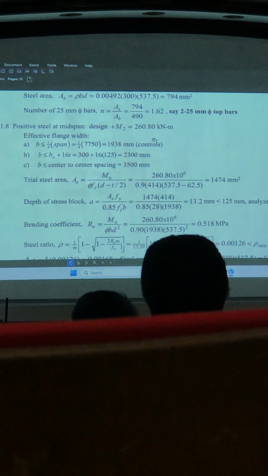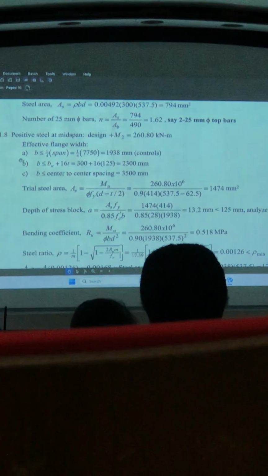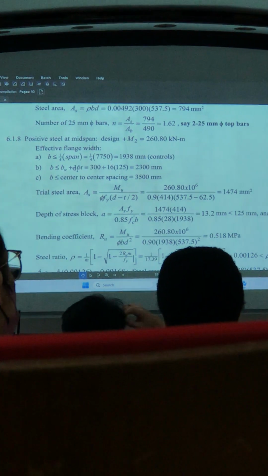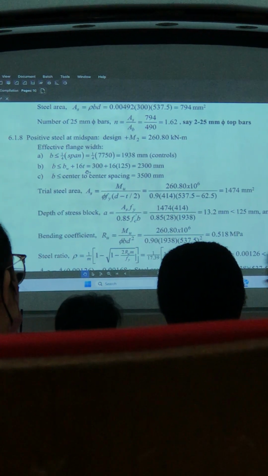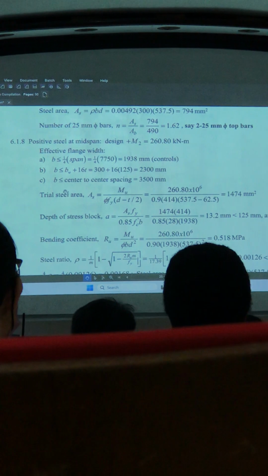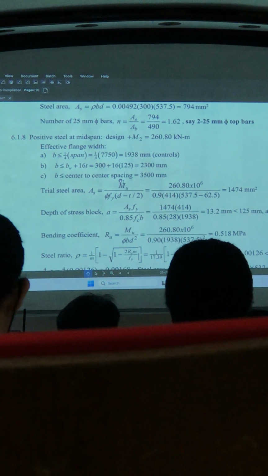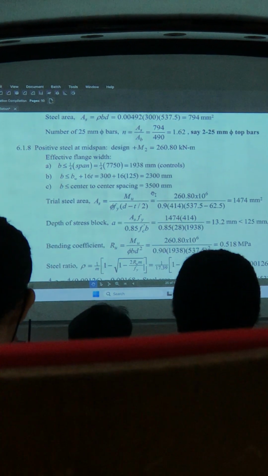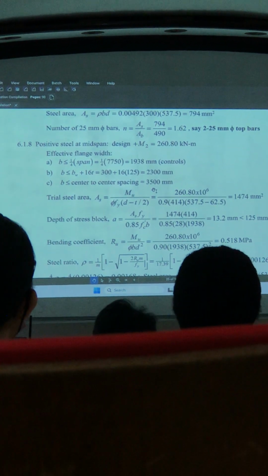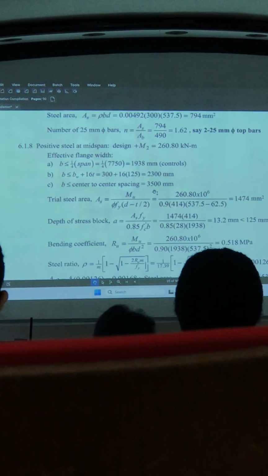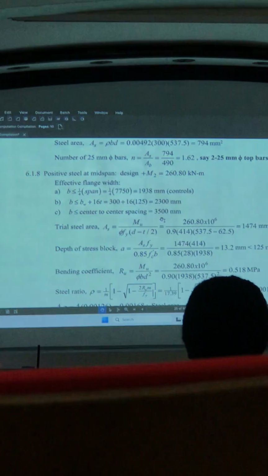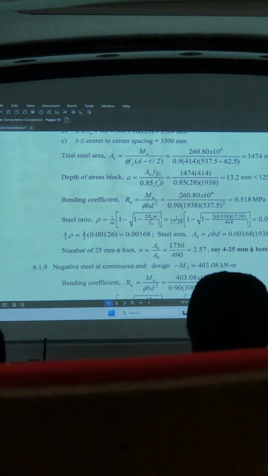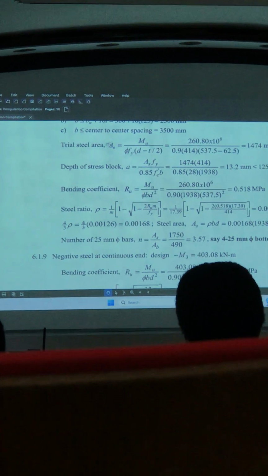For T-beam action, we have to compute the effective flange width. According to the code, it should not exceed 1/4 of the span, not exceed BW plus 16 times the slab thickness, and not exceed the center-to-center spacing between beams. The smallest one will govern as the effective flange width, which will take part in the compression action. Next, we compute the trial steel area using this formula.